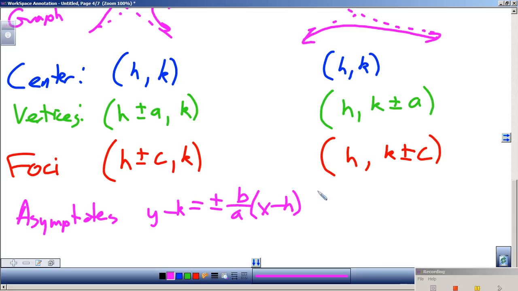So, if we're dealing with the other asymptote, what do you think the slope is going to be? Yeah, it's going to be y minus k equals plus or minus a over b, x minus h. Because a is the height.